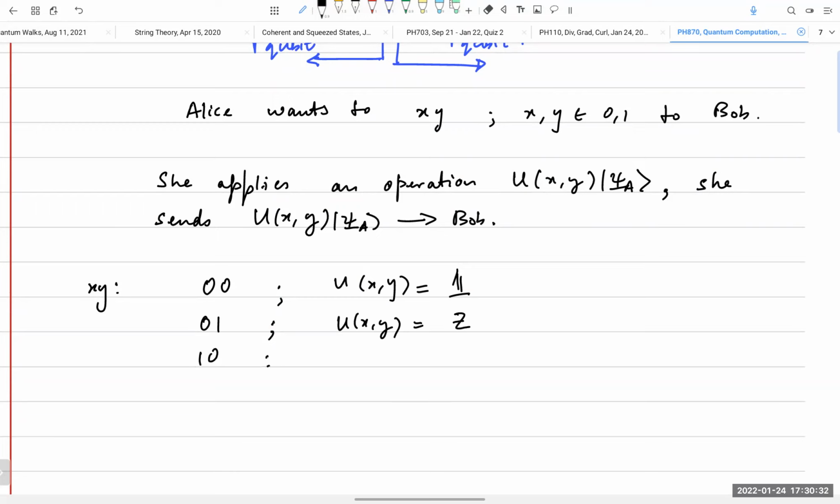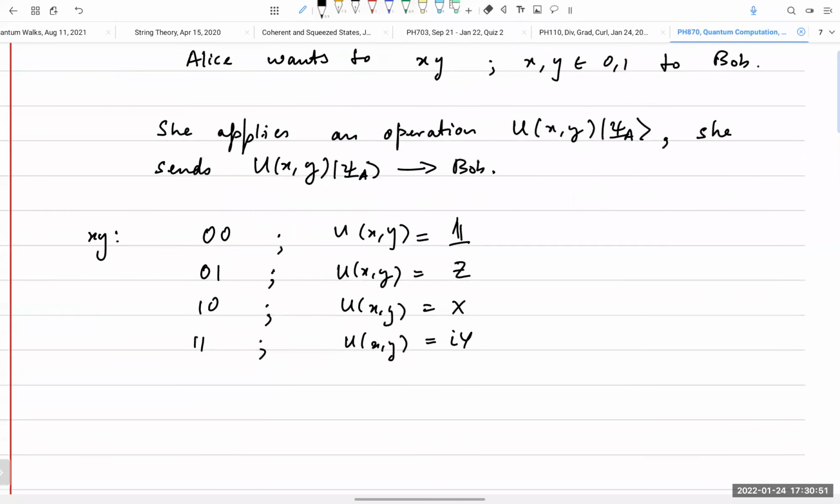If she wants to send 1, 0, then she applies the X gate to her qubit. If she wants to send 1, 1, then she applies the gate iY.